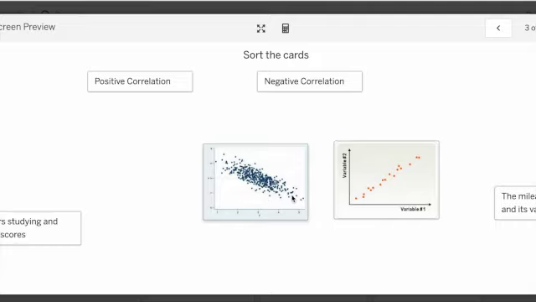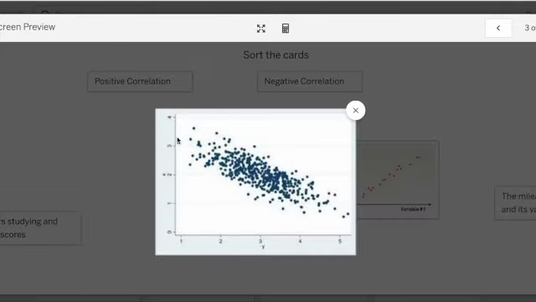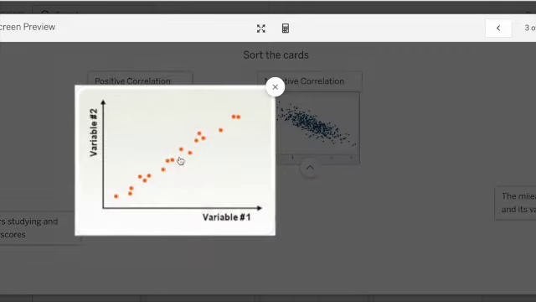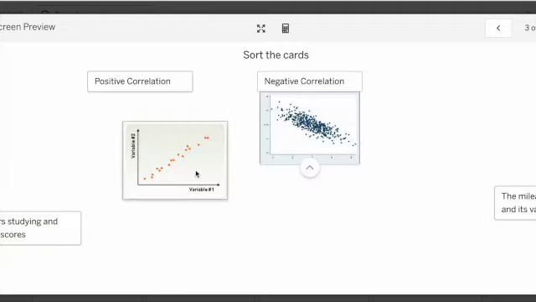So notice for this blue graph, as we go from left to right, the blue points seem to be dropping, going down. This would be a negative correlation because as we go from left to right, the points are going down, not up. On the other hand, with the orange graph, as we go from left to right, the points are basically moving up. So this would be a positive correlation.